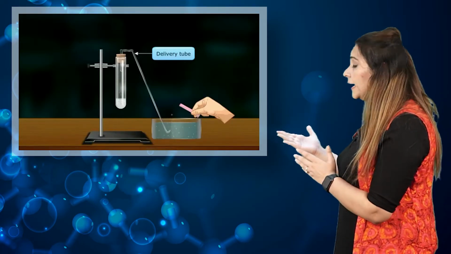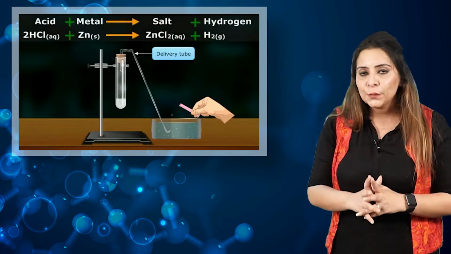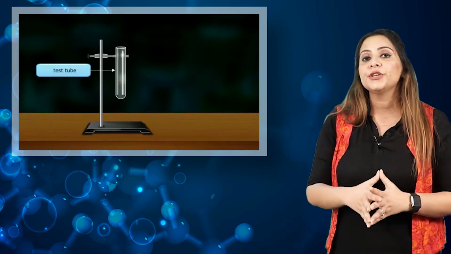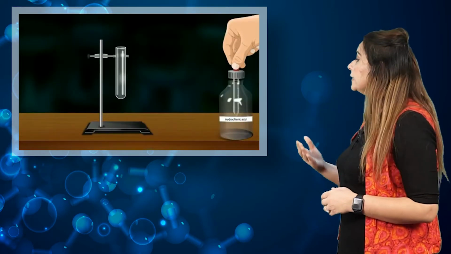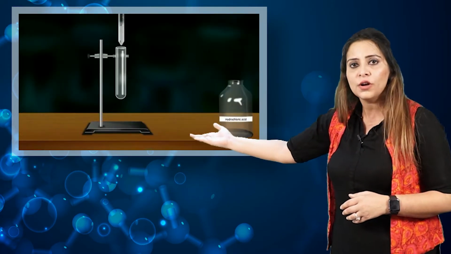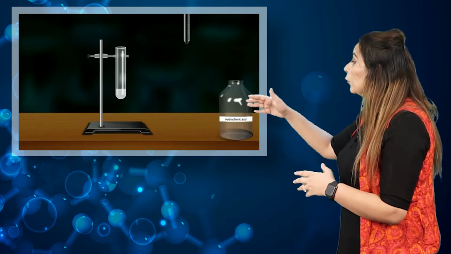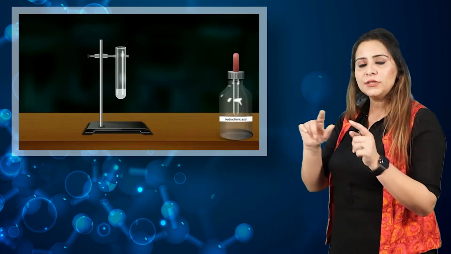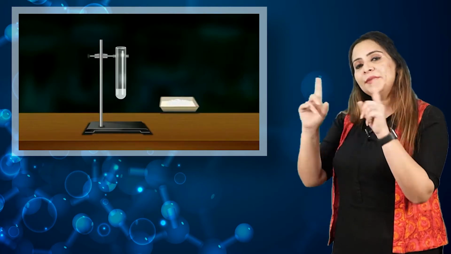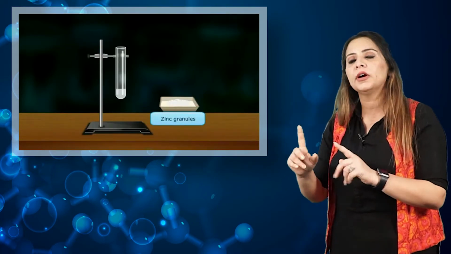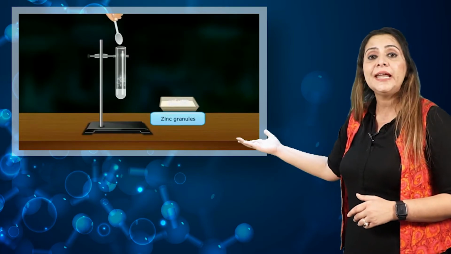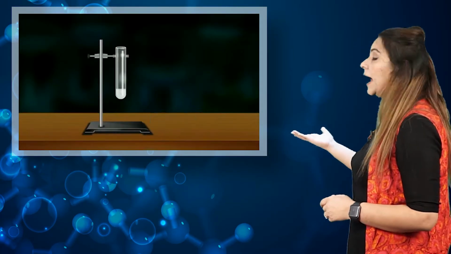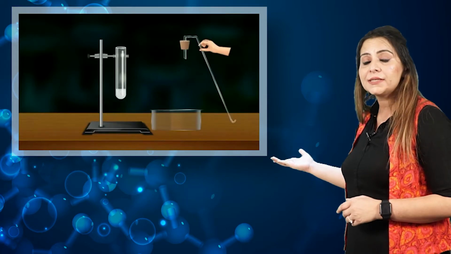So zinc and H2SO4 react with each other, and the equation involved is zinc granules, that means Zn, plus dilute sulfuric acid, H2SO4 in dilute form, and the arrow signifies that they are reacting and something is formed. Now what is formed? Zinc sulfate, ZnSO4, plus hydrogen gas, H2, is evolved.